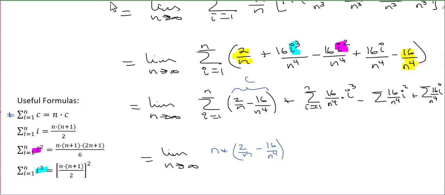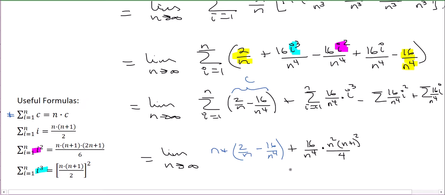And then plus, now here, the 16 over n to the 4th, that's a constant that I could pull out to the outside, and I really just have then the summation of i equals 1 to n of i cubed. So it's this guy. So let me distribute the square as we go. So this will be times n squared, n plus 1 squared over 4, right?